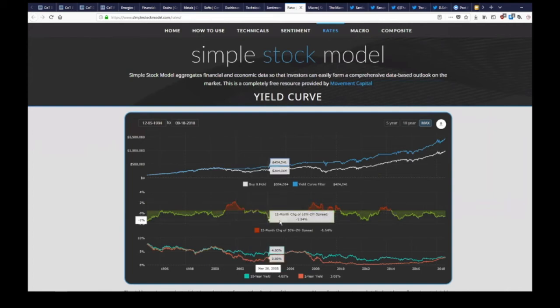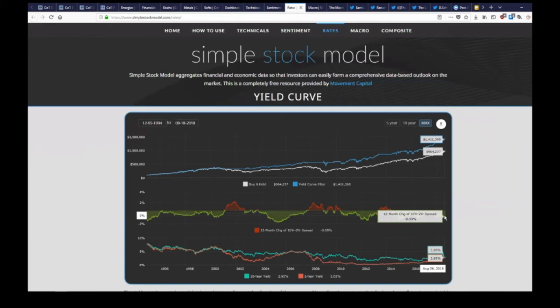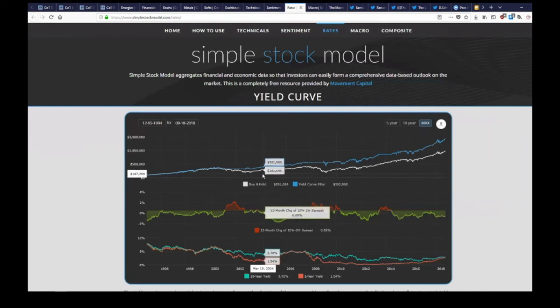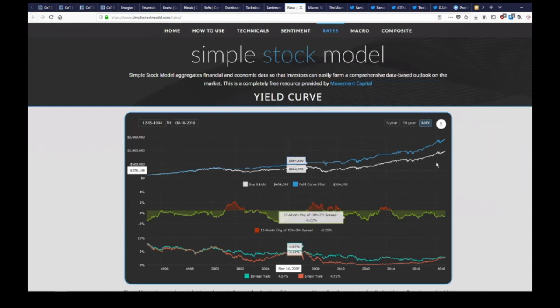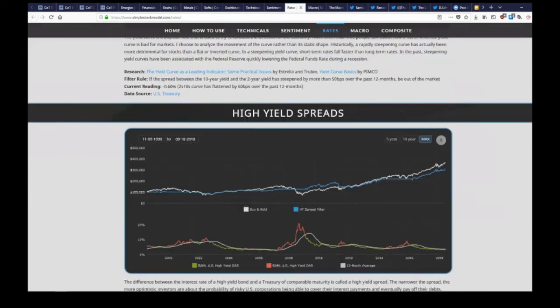And then when the line is down here, this means the curve has flattened a lot over the past 12 months. And obviously, the Treasury curve has flattened a lot. And so, who knows? We're in such a weird rate environment if this indicator will work in the future. But over the past 2 cycles, a really quick steepening has sort of been worse for the S&P than a quick flattening.